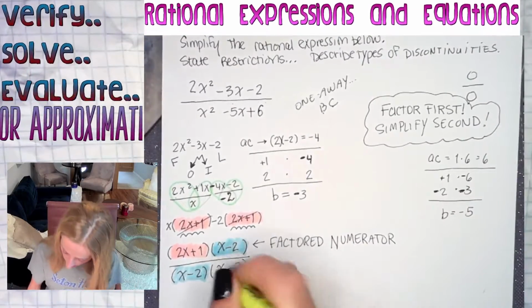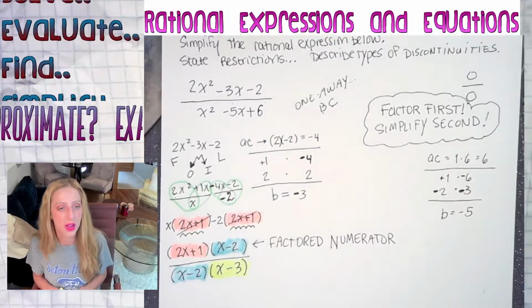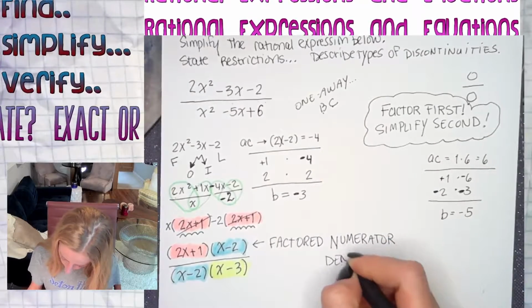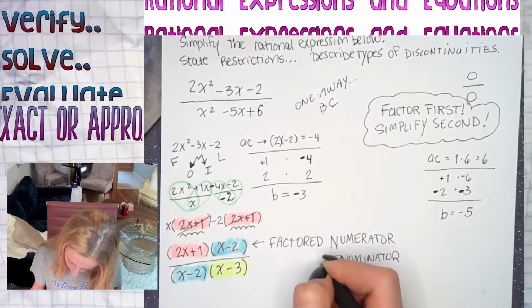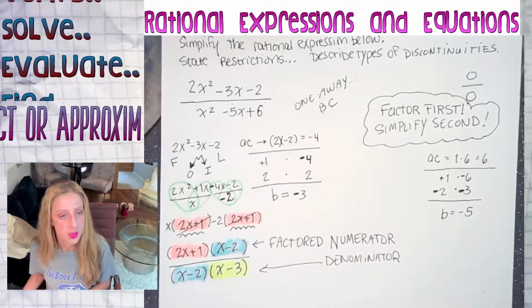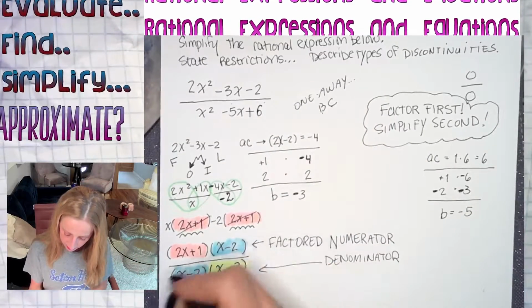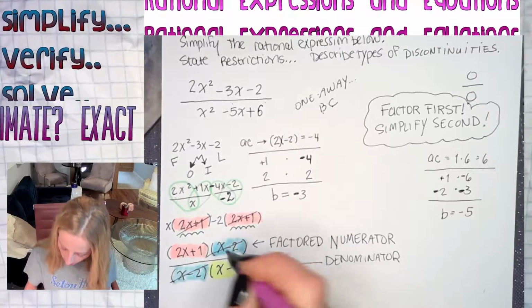Now, we factored first, is there anything that we can simplify second? Simplify? Hello? What can we simplify? X minus 2. Thank you. The X minus 2's gone and gone.